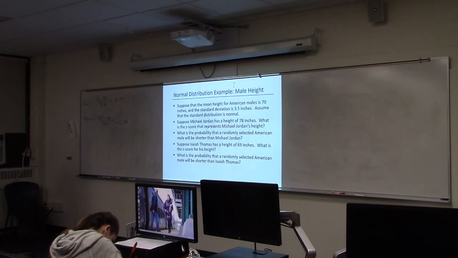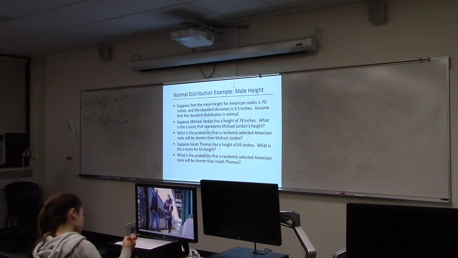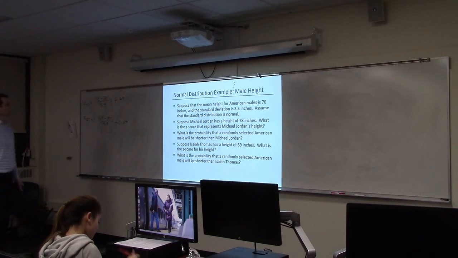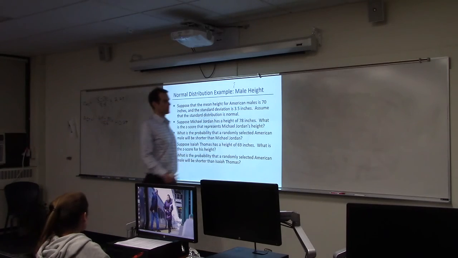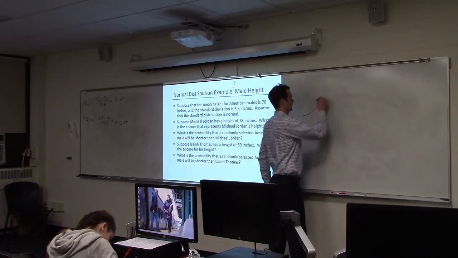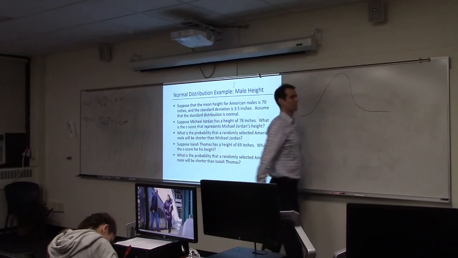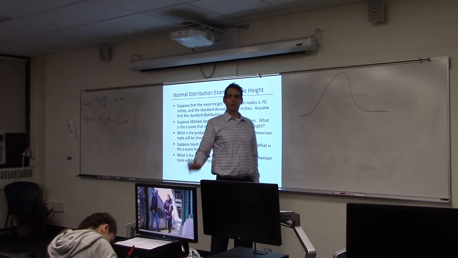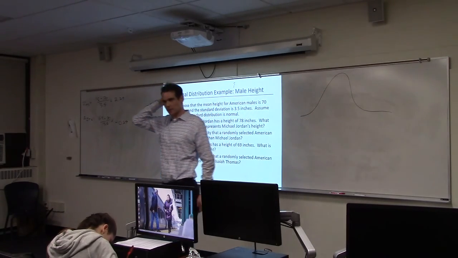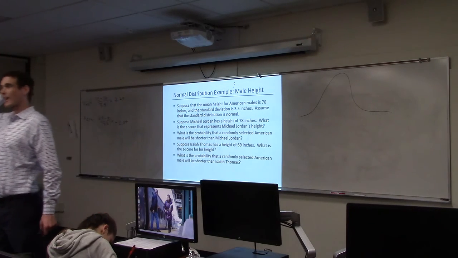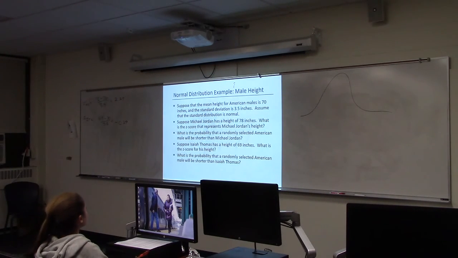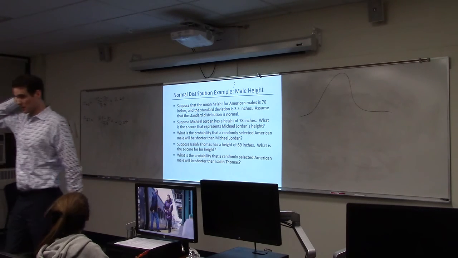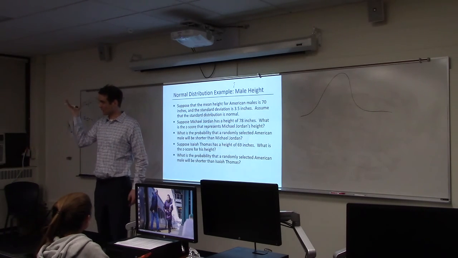What is the probability that a randomly selected male will be shorter than Isaiah Thomas? Just give me the percent. 61. All right, so I think that's wrong. The reason that's wrong is because you'll notice that the Z table on the back of your slides does not have negative numbers. So you will need to make an adjustment. Subtract from 1.